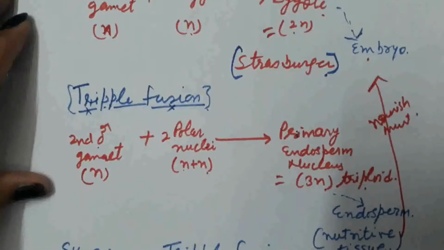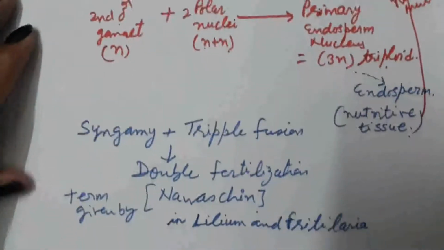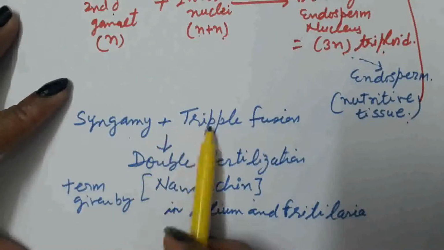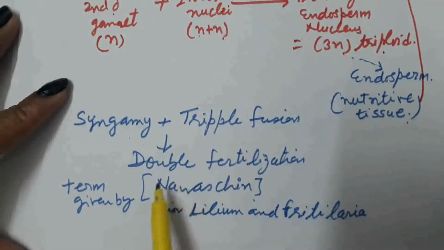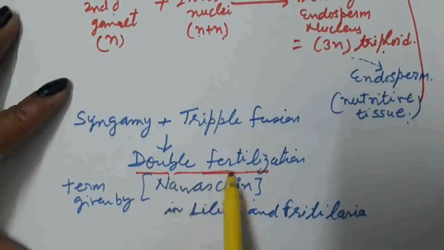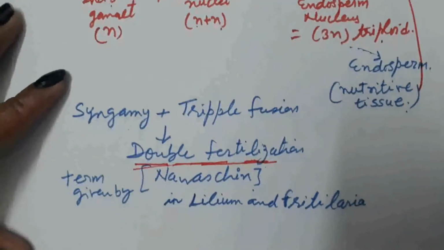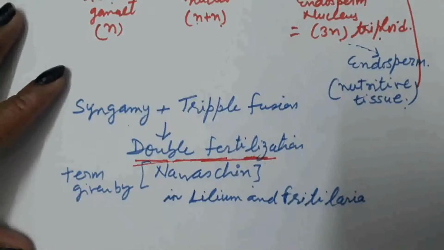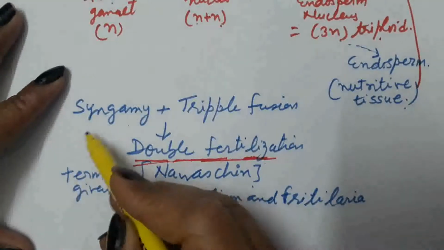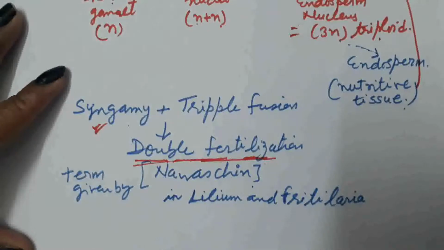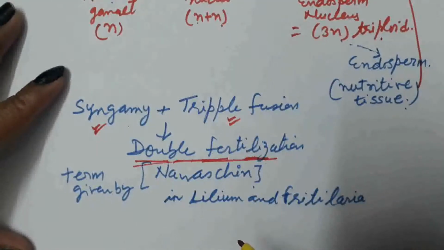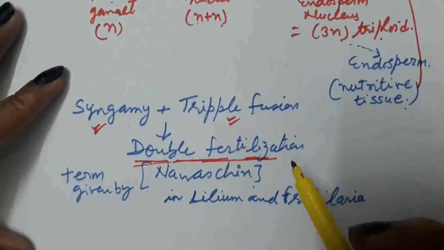This is known as double fertilization. What is double fertilization? Syngamy or fertilization plus triple fusion. Both together constitute the term double fertilization. In double fertilization, one male gamete fuses with the egg to form the zygote. The process is known as syngamy. The second male gamete combines with 2 polar nuclei, because 3 combine, so the process is known as triple fusion.